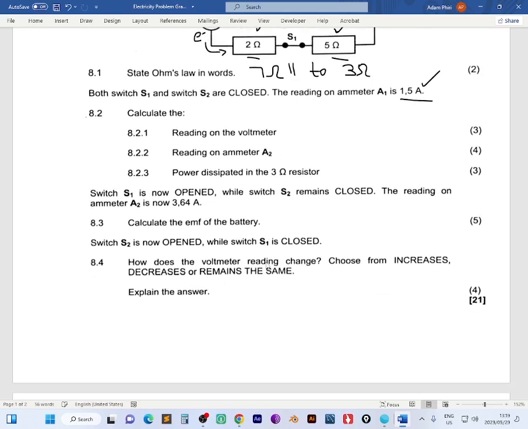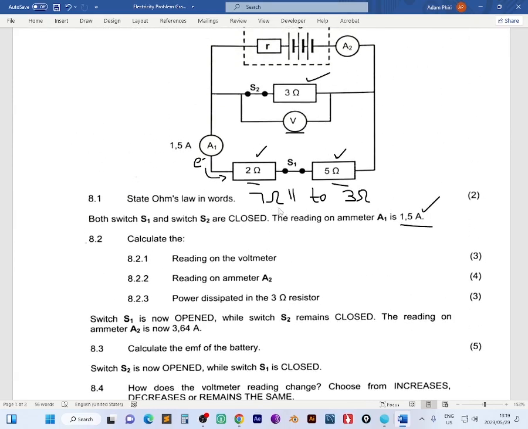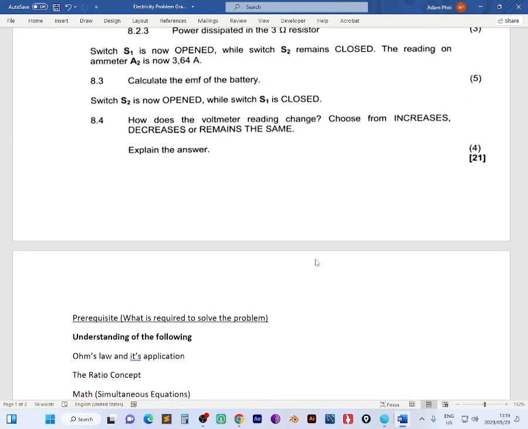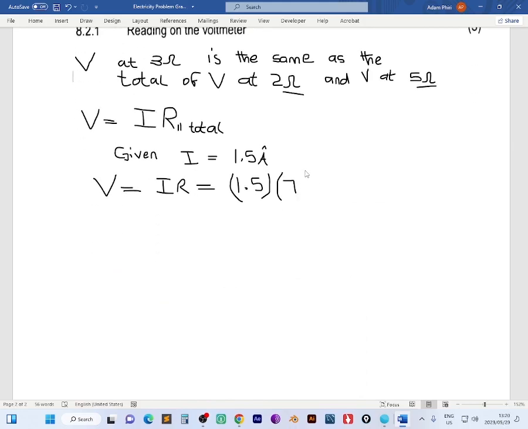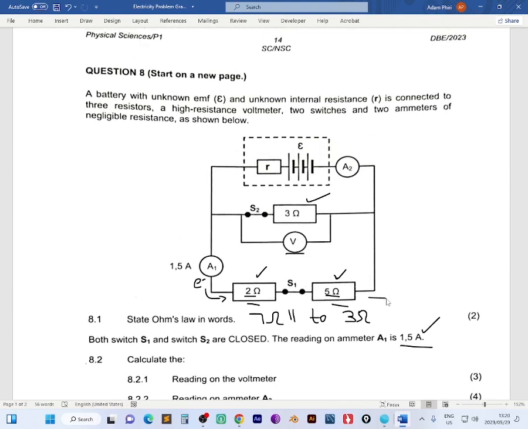So we have the current 1.5 and the total resistance 2 plus 5, making 7. So 7 multiplied by 1.5 gives you 10.5. You can verify the calculations in case I made a human error.